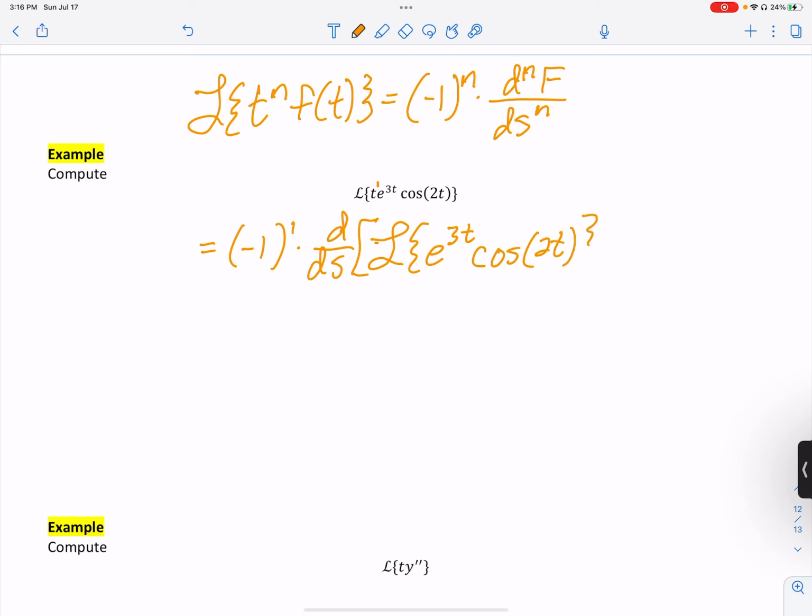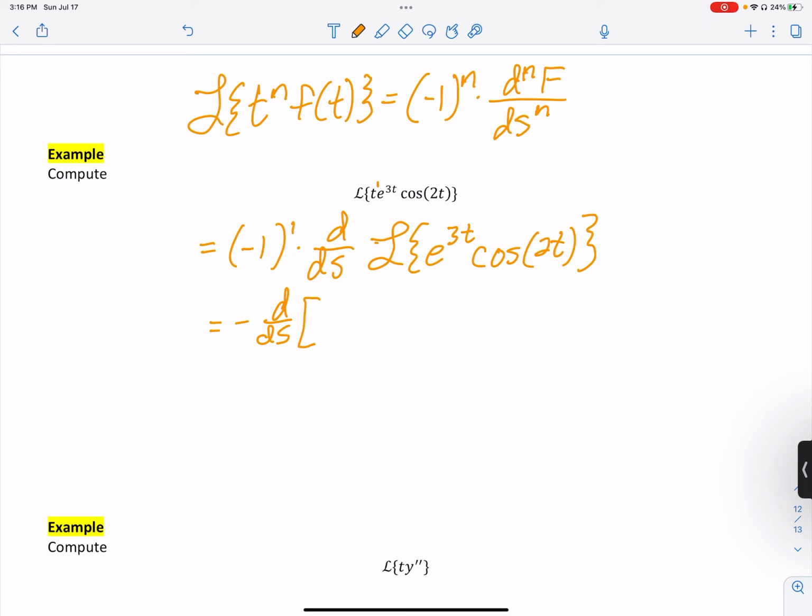So I just followed the formula first. We actually really don't even need that bracket. That's just following the formula. I'm not even worried about the Laplace yet. I get a negative, because negative 1 to the first power is a negative, d/ds, and then we take our Laplace.